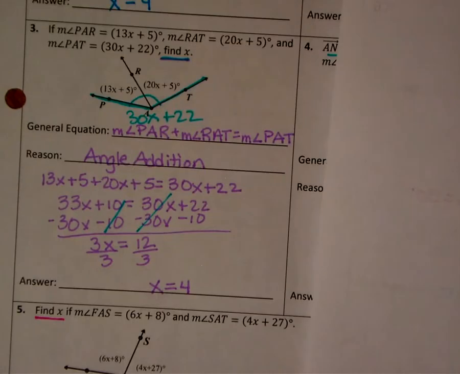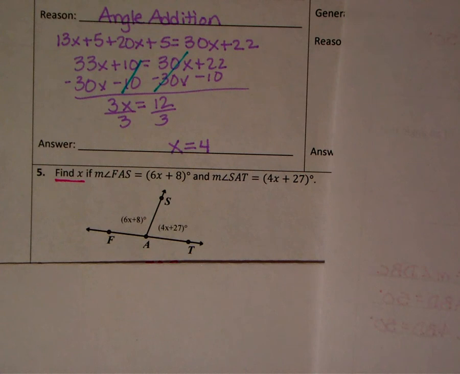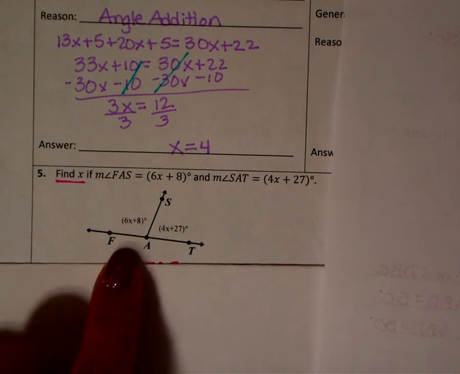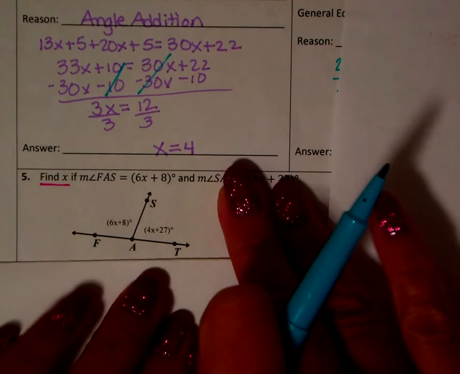And then the last example asks me to find x if the measure of angle FAS is 6x plus 8, and the measure of angle SAT is 4x plus 27.